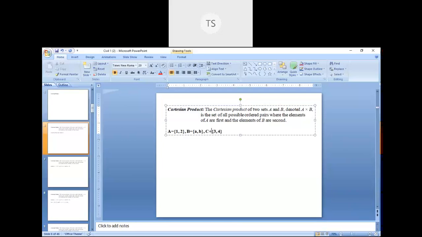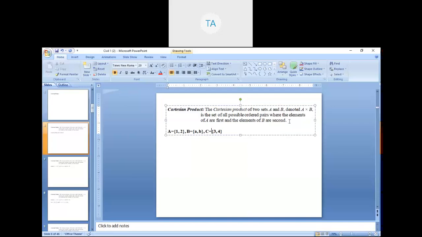Is it possible to find the Cartesian product of these three sets? Yes, ma'am. And the elements will be of which form? Can you give me one example of an element from A cross B cross C? First, we have to multiply A and B. After that, we multiply A and B with C.